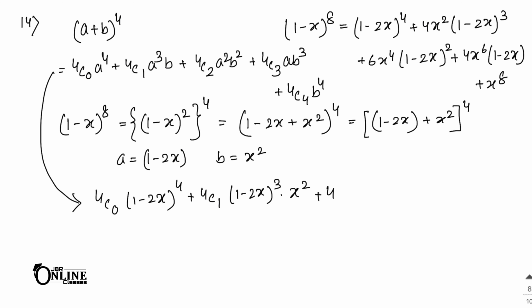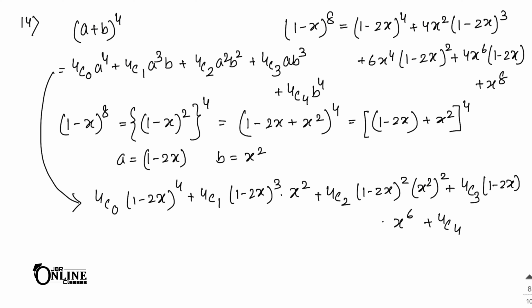Next one 4c2, then 1 minus 2x whole square and then x square whole square. And the last one, 4c3, it will be 1 minus 2x and into b cube means x to the power 6, and then 4c4. Now you have x square to the power 4, that means x to the power 8.